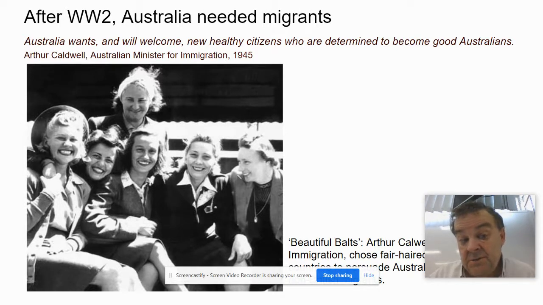So at the end of the Vietnam War, we have a wave of Vietnamese and Cambodians migrating to Australia in the late 1970s and into the 1980s. Basically, the White Australia policy starts to be phased out in the 1960s into the 1970s, and it's officially ended in the early 1970s under the Whitlam government.